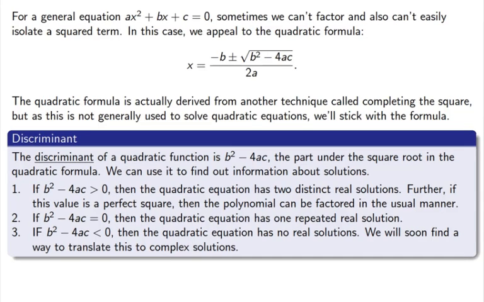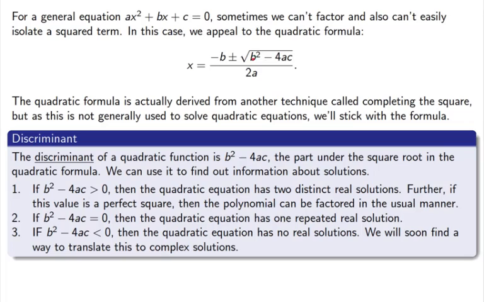Another thing about the quadratic formula is that the inside of this square root has some special properties, and we call this the discriminant of the quadratic function. The part under the square root tells us how many solutions we have to that quadratic equation. If this number is positive, the square root is just some usable value.